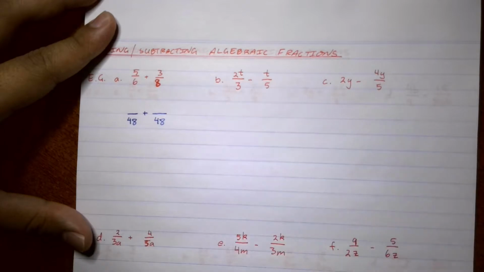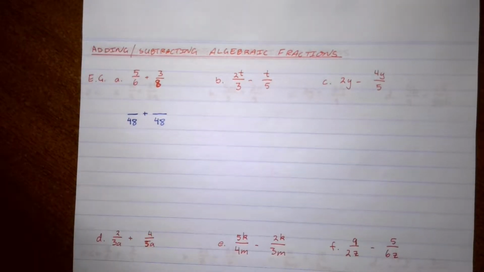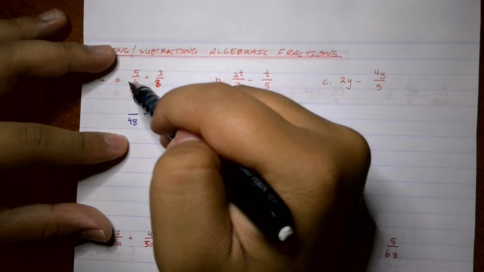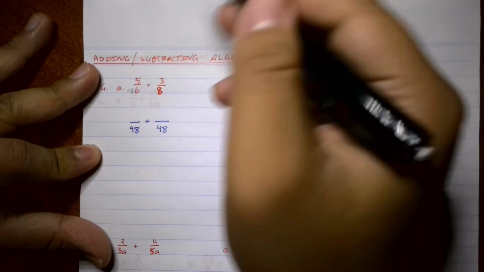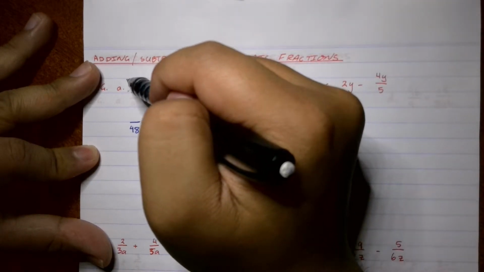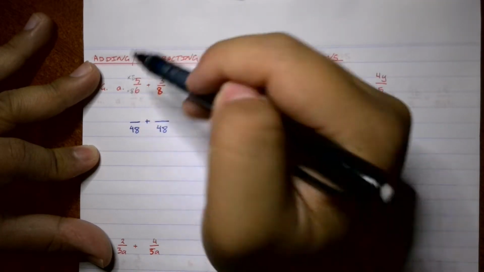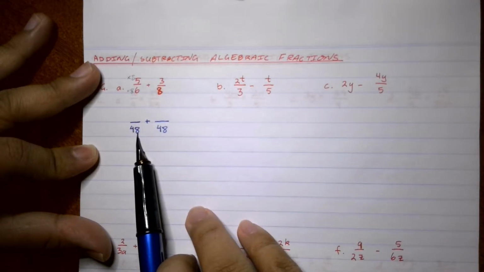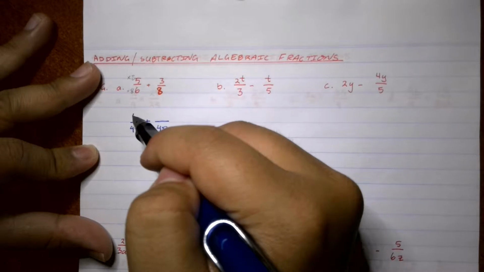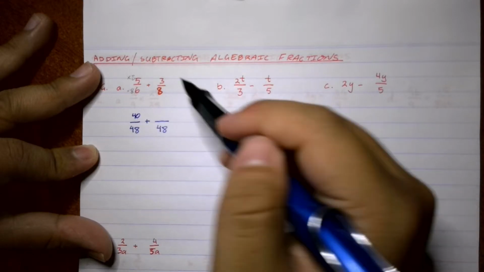So if I multiplied here, I'll get a pencil just so you can see the thought process behind this. The 6 was multiplied by 8, like so, which means I need to multiply the top number by 8 as well. So 6 times 8 is 48. 5 times 8 is 40.